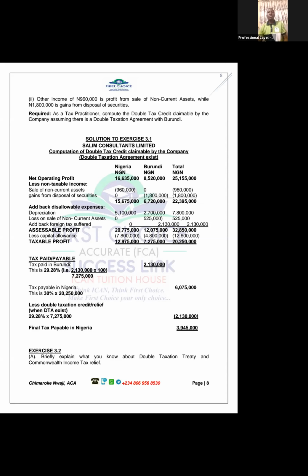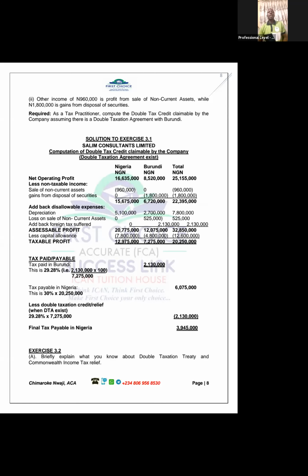The relief, I told you before, if double taxation agreement exists, you are going to be comparing Burundi's tax rate. So that means you need to know the tax rates as shown here, 29.28 versus 30% of Nigeria, 30%. Which one is smaller? 29.28 is smaller.